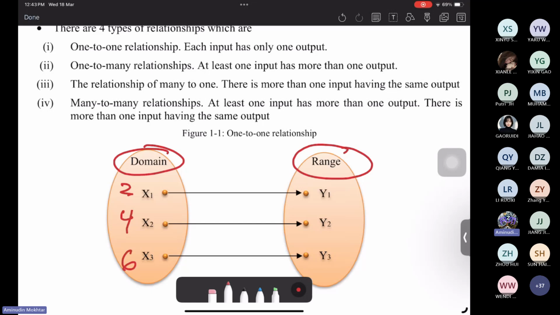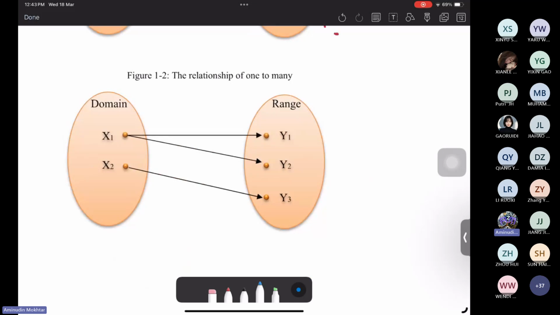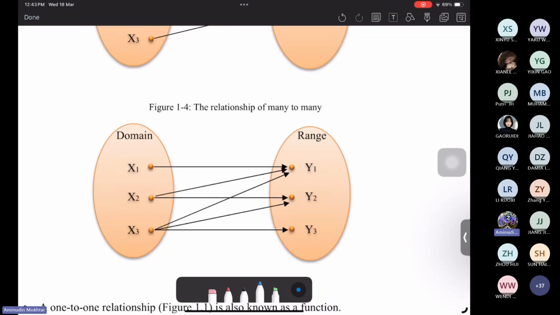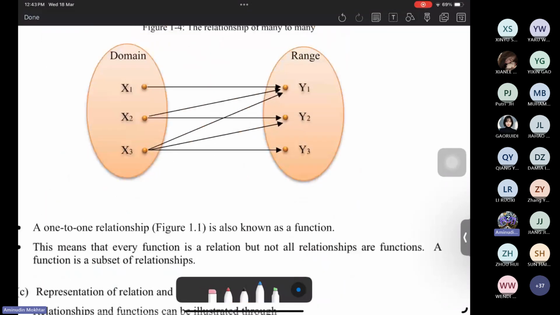These three numbers will produce the range values of y: 5, 7, and 9. So each value of domain will represent one value of range. That we call the one-to-one relationship. And then there is also one-to-many, many-to-one, and also many-to-many. All of them are also known as relationships.